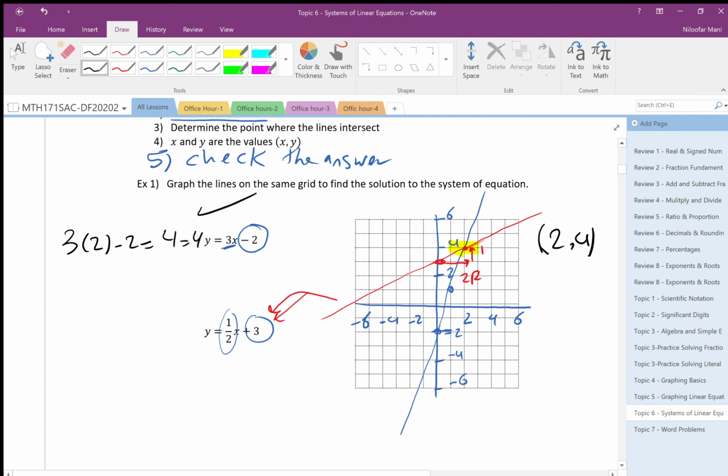Equals 4, perfect. And the other one is 1/2 times 2 plus 3, which is 1 plus 3, which is 4. Equals 4, perfect. Yes, so that's the solution here.